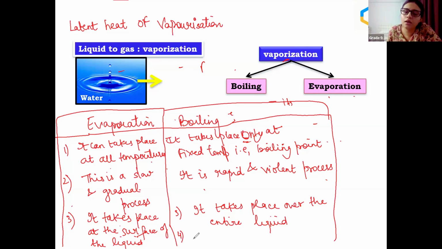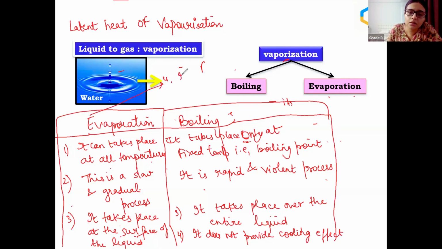So we can write down number fourth. Here I'm going to write about boiling. You can write down it does not provide cooling effect. And in the fourth point of evaporation, I'm writing it here. It provides cooling effect. Now, you will get many questions on this part, cooling effect of evaporation.